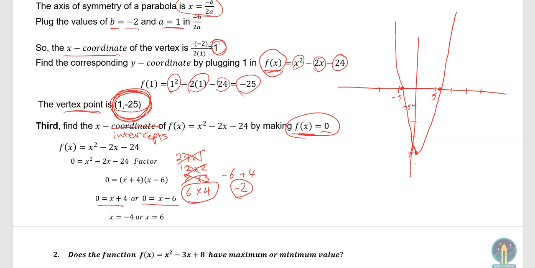We could have also found the y-intercept. In fact, for the most accurate representation, we should know what the y-intercept is, and that's actually easier to determine. You find the y-intercept by setting x equal to 0. So in this case, x squared goes to 0, minus 2x goes to 0, so the y-intercept is equal to minus 24.